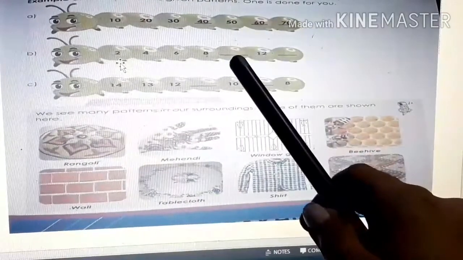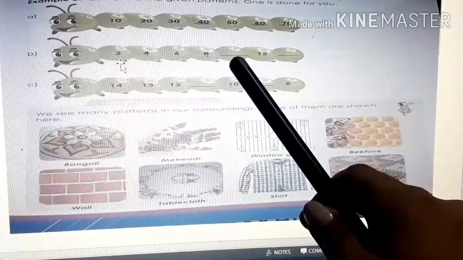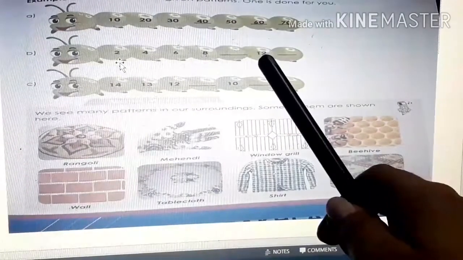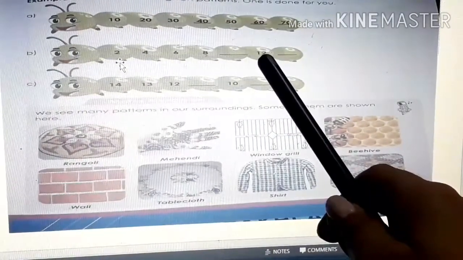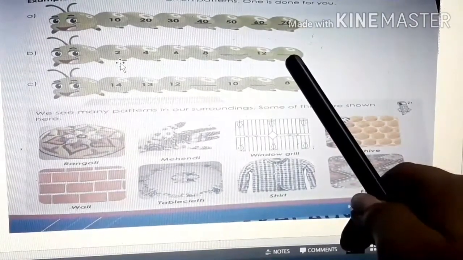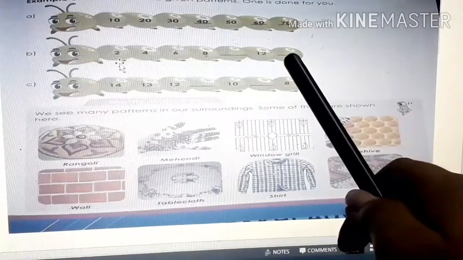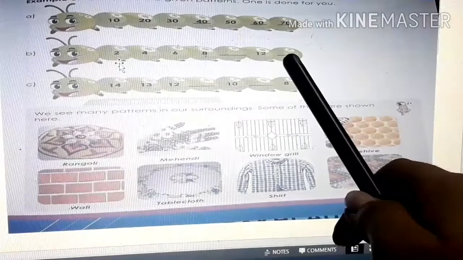So 2 fives are, what will come here? 10, right? 10 in this blank. Then again 12, 2 sixes are 12. Then 2 sevens are 14. So the first blank will be 10 and the last one will be 14. Understood? Write down, children.